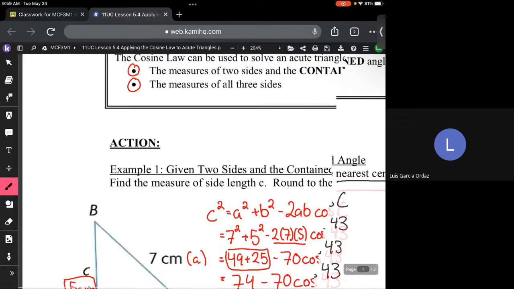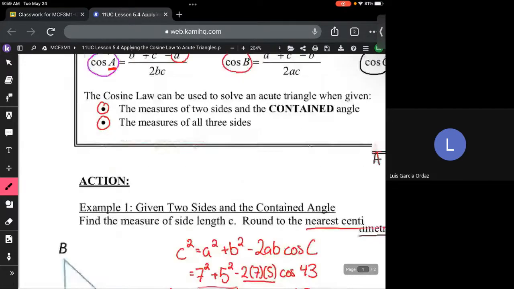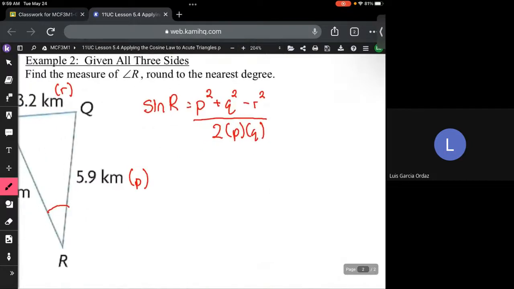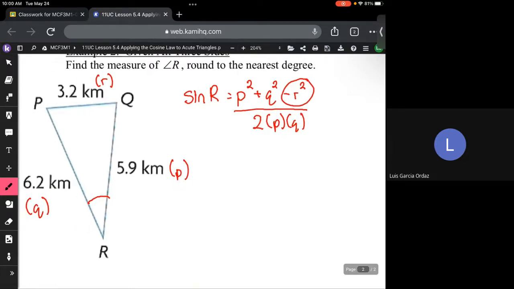So this last part at the end always corresponds to the angle side, which is why when I'm finding sine R, I have to do P squared plus Q squared minus R squared because we're finding angle R. So if we're finding sine Q, it would be R squared plus P squared minus Q squared. And you would just do the same thing with everything else. So when you're finding the angle, that last squared is always the side that corresponds to its angle.